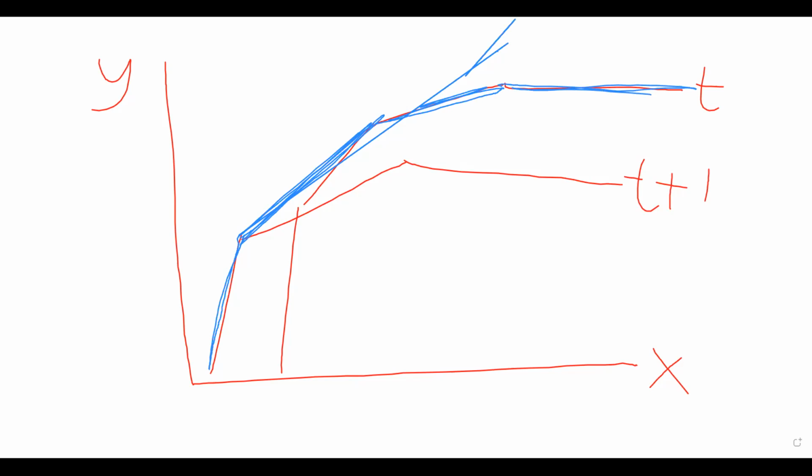So you can see that if you look at this red section, there's a kind of space, and I'm going to shade that space. There's a space here which was not captured. So if a certain DMU is in this shaded space, it will not be captured by both the T frontier and the T plus 1 frontier.